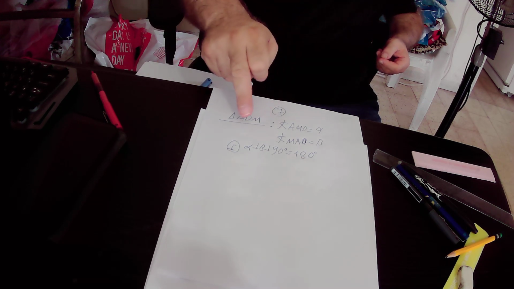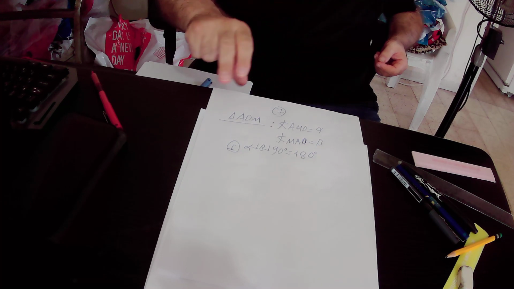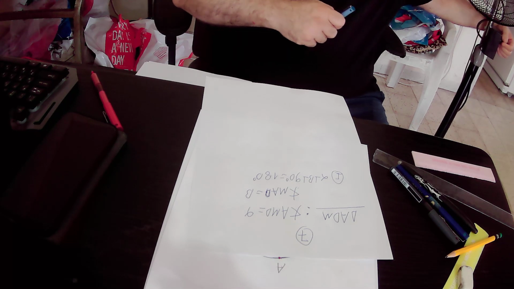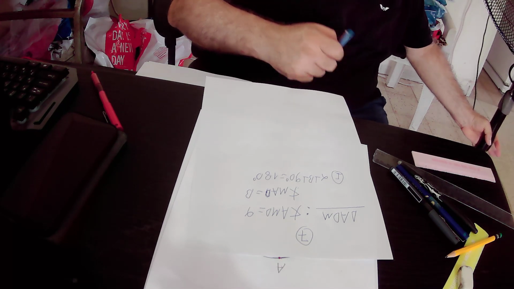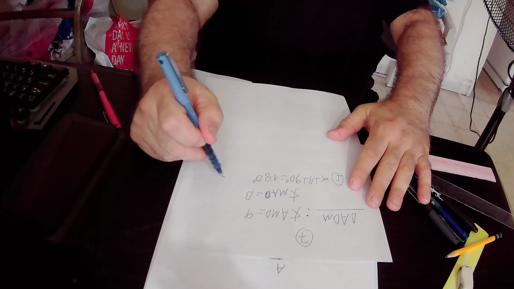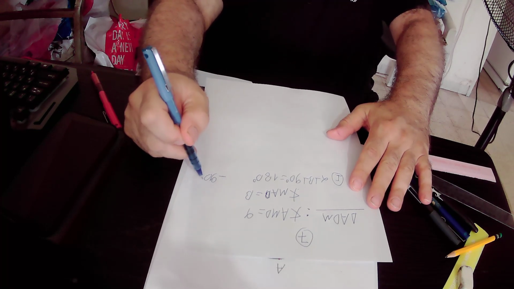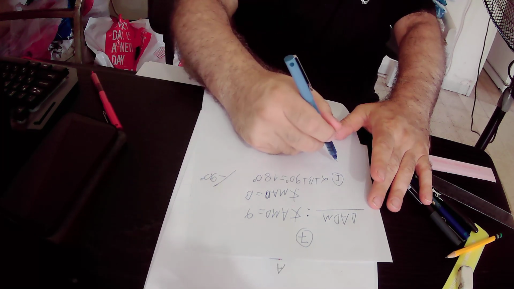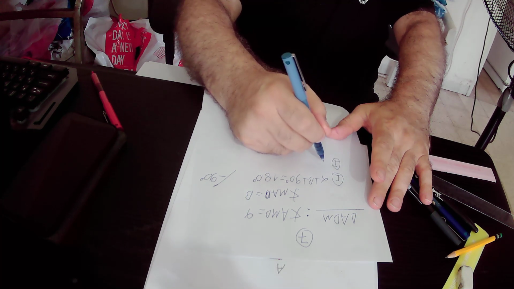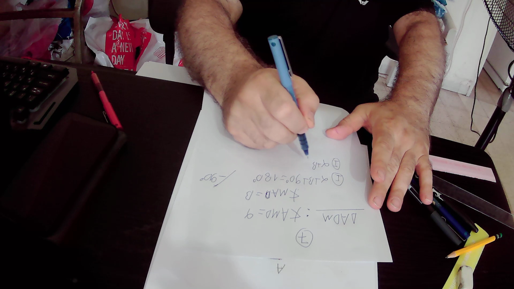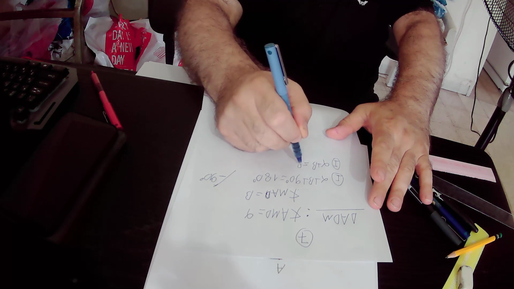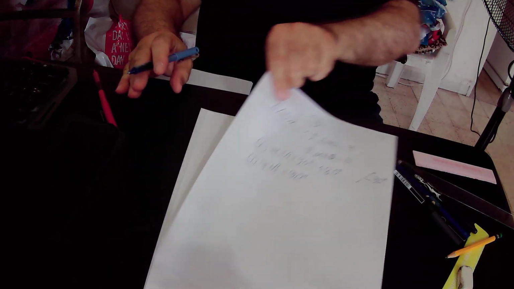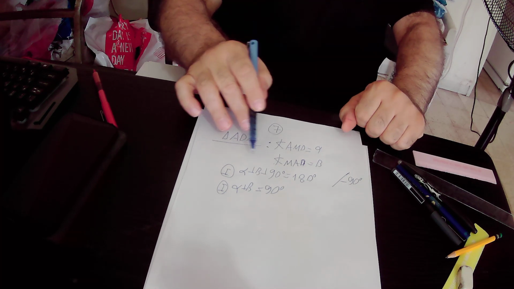Now we will subtract 90 degrees from equation number 1. So we subtracted 90 degrees from equation number 1.